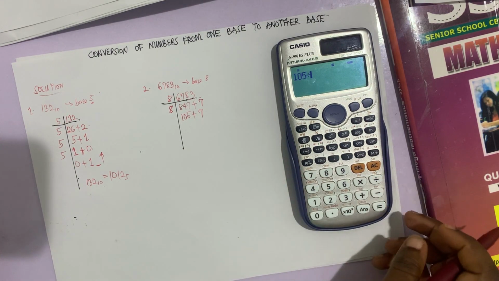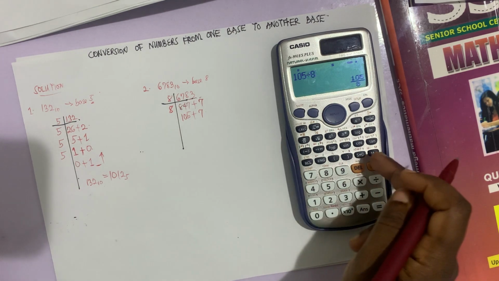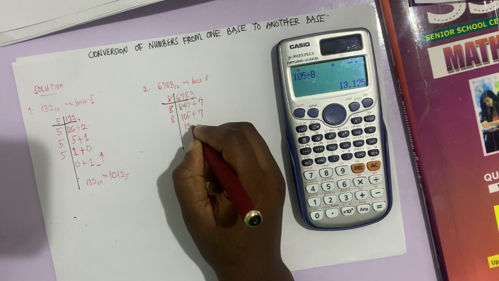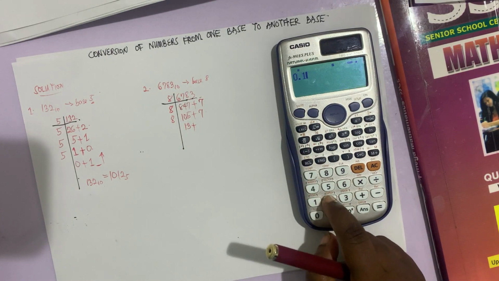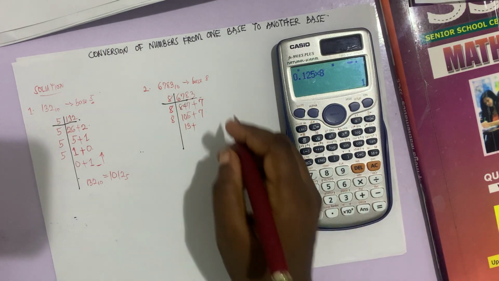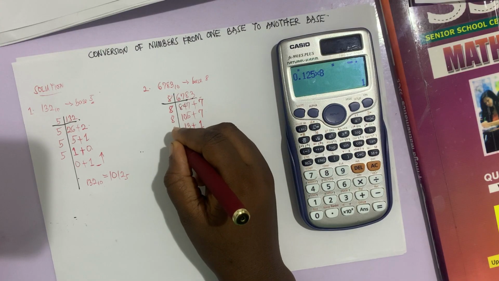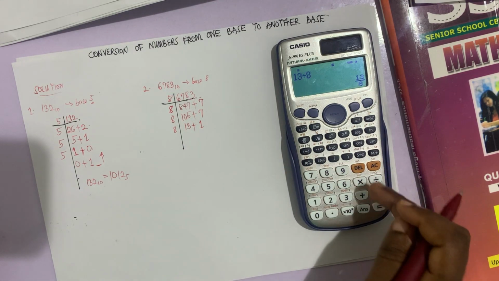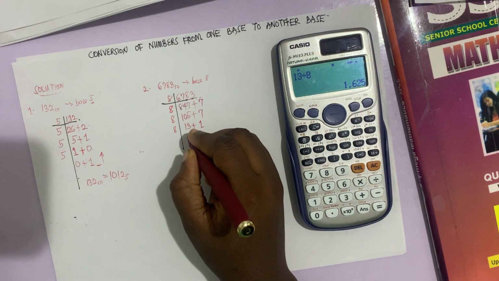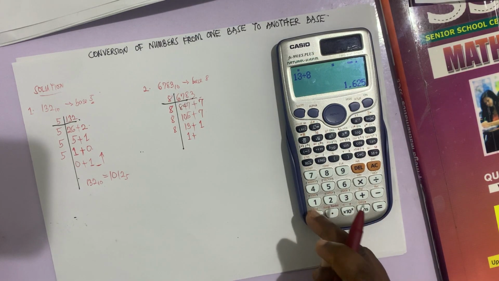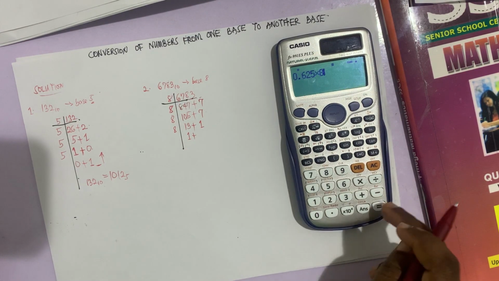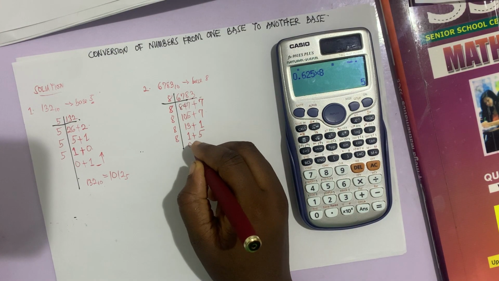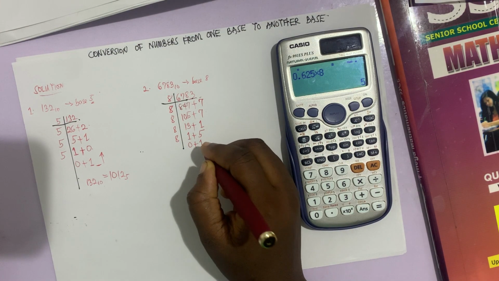105 divided by 8 will give us 13 plus decimal of 0.125 times 8, and that will give us 1. And 13 divided by 8 will give us 1, with 0.625 times 8 giving 5. 1 divided by 8 will obviously not go, and that leaves us with a remainder of 1.